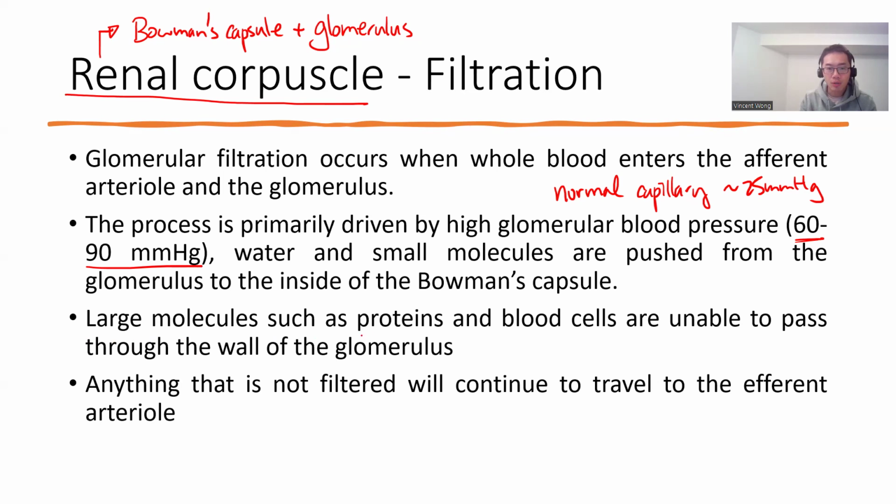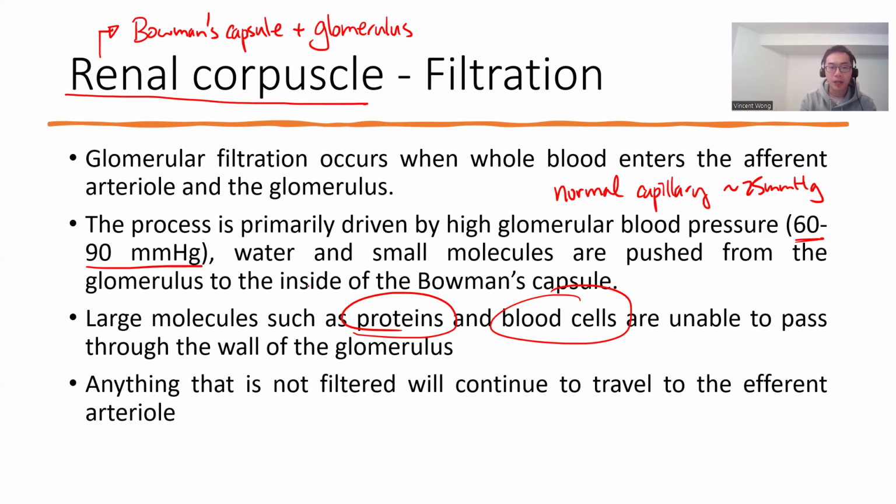Things that are large, like proteins and blood cells, that includes all the cells, red cells, white cells, platelets, don't pass through the walls of the glomerulus. They stay within the blood. And anything that's not filtered continues on into the efferent arteriole.